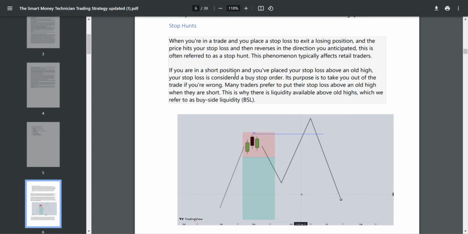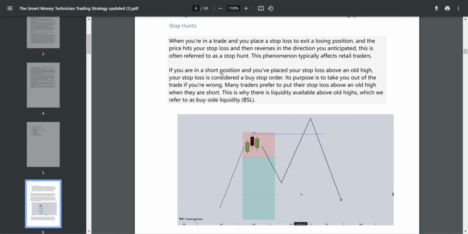In other words, you place your stop loss believing that if the market gets to that specific level, you are wrong on the trade. However, you're not wrong on the trade. Why? Because the market eventually reverses in your anticipated direction.